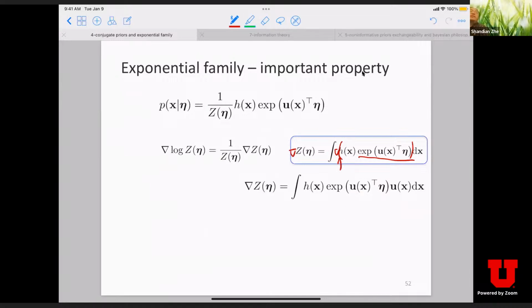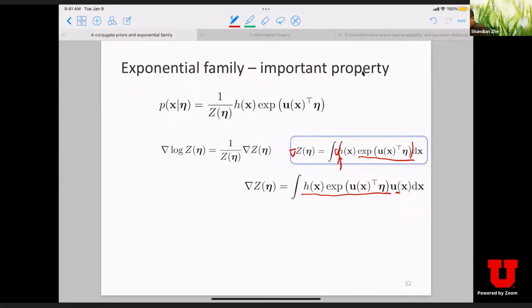So what can we observe? We can see that this part is the same as the original numerator. The only difference is that in the integral, you multiply it with u(x).